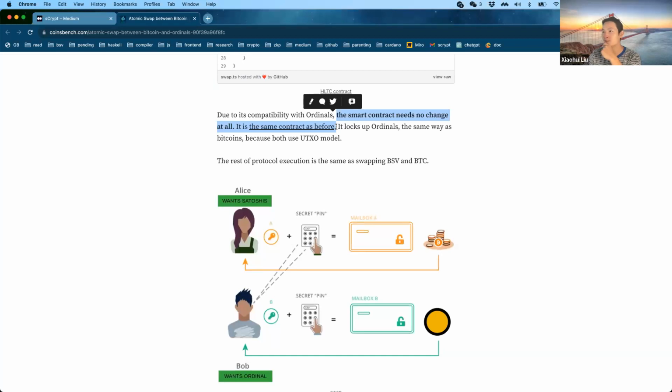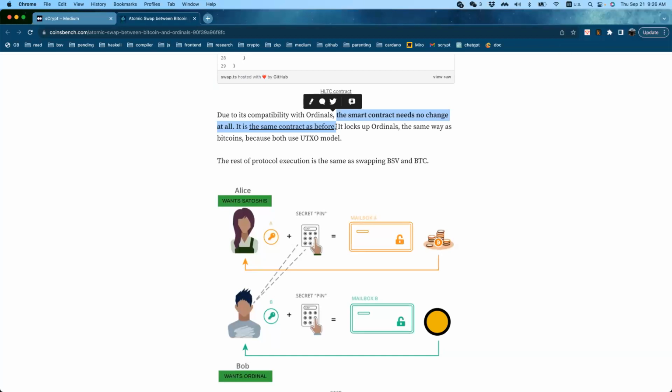Yeah. The only thing, I think it was advised to add some lock time to prevent the second guy, in this case Bob, from already having spent the first transaction.